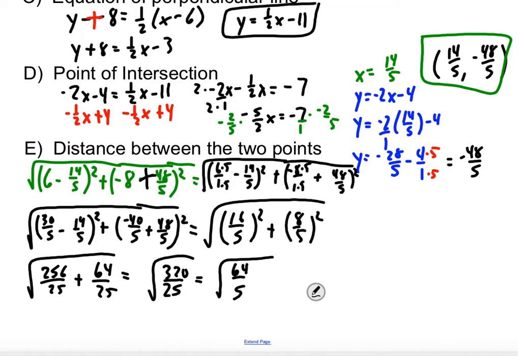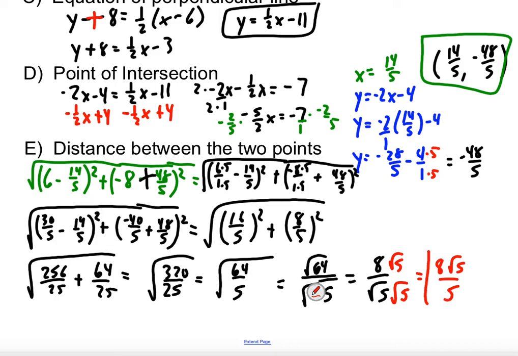I can take the square root of the numerator and the square root of the denominator. I cannot leave the square root of 5 in the denominator, so I'm going to multiply the numerator and denominator by the square root of 5. So we end up with 8 square root of 5 over 5.